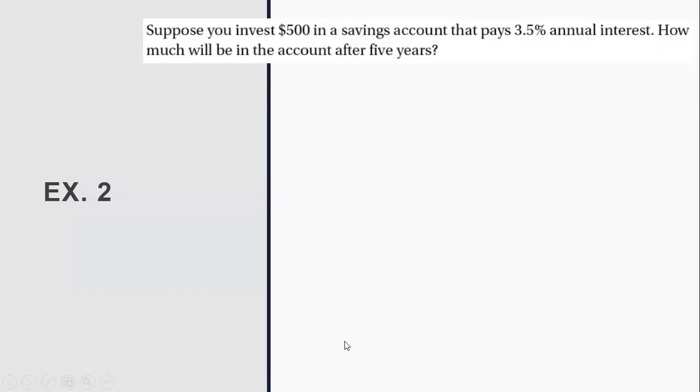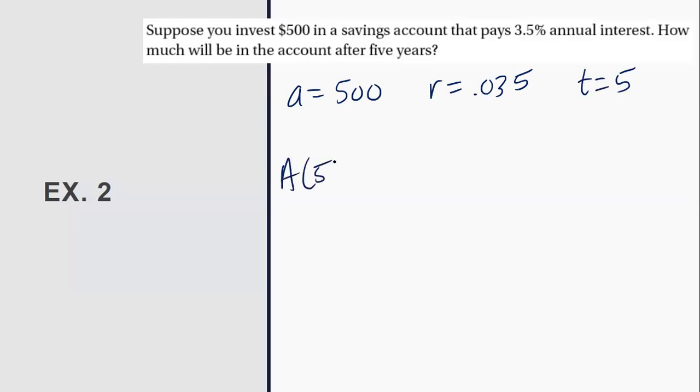So when you set this up, you should have known that your A equals 500, your r equals 0.035, and your t equaled 5. So you're looking for, after 5 years, what do you have? So you have 500 times 1 plus 0.035 to the 5th power. So I'm going to type that in.